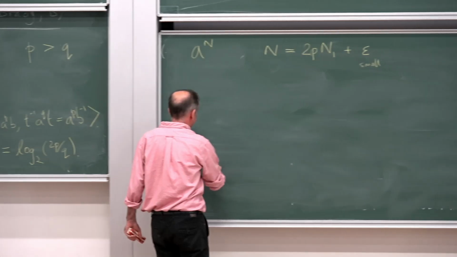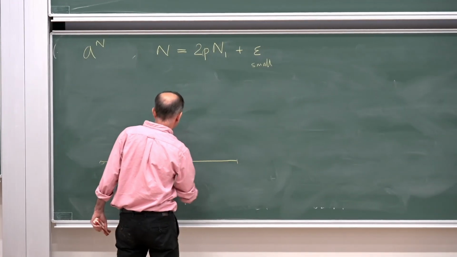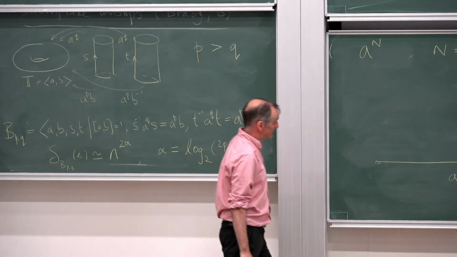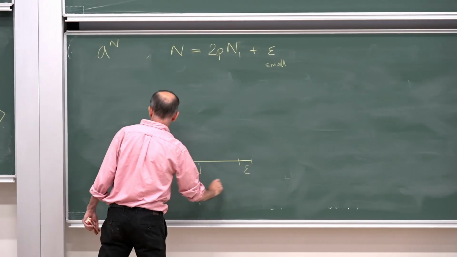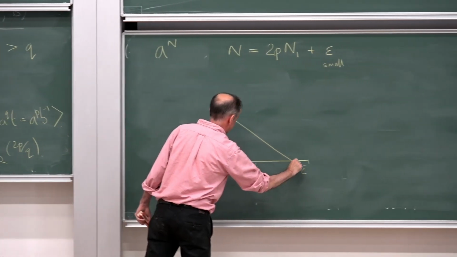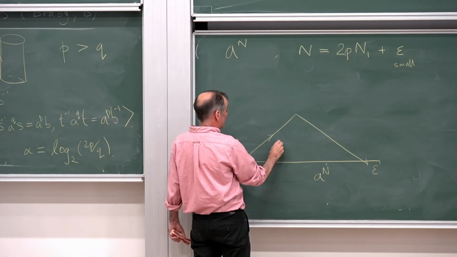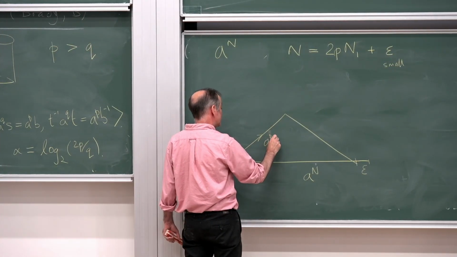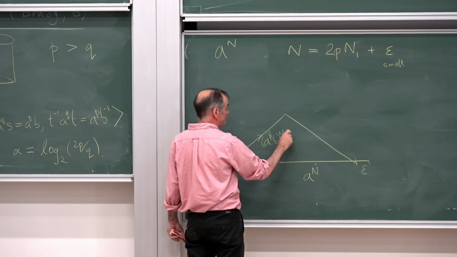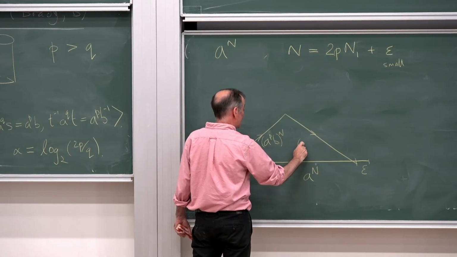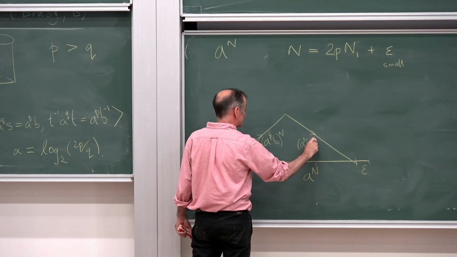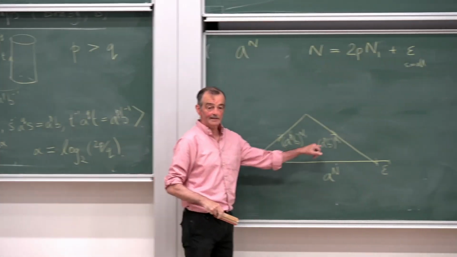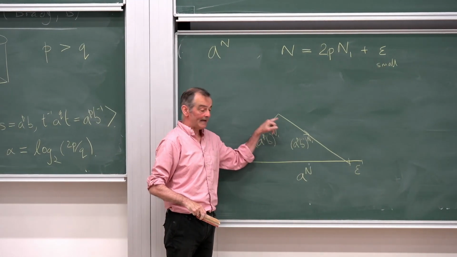So here's a path, a group element A to the n, where n is big, lying in the torus. Now you've got this little error on the end, and then I can factor that as A to the P B to the n1 times A to the P B inverse to the n1. Everyone believe that? Because the B's cancel. This is an abelian group, A and B commute, and so you're just left with the A's.